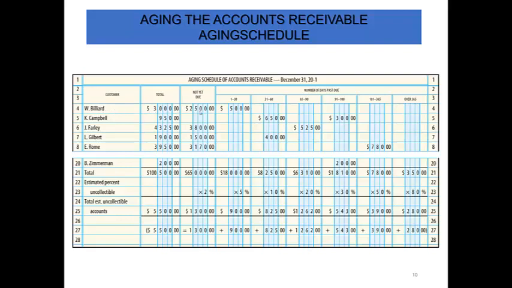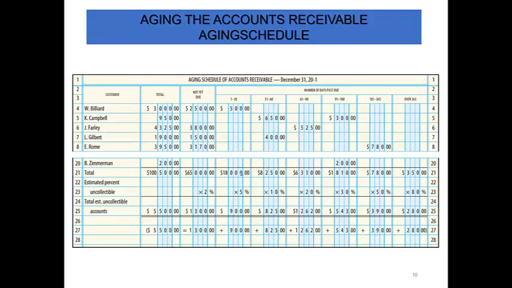Well, $2,500 is not due yet, but $500 is 1 to 30 days past due. And then we've got Campbell. He has got $650, that's 31 to 60 days past due, and then a really old one that's 91 to 180 days past due. So we are going to break down each accounts receivable by how old it is.